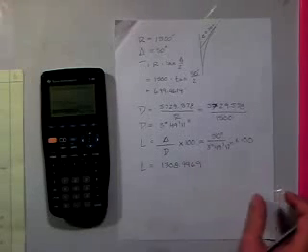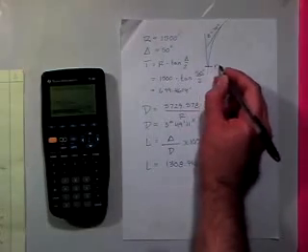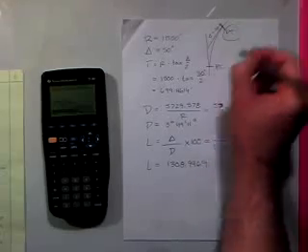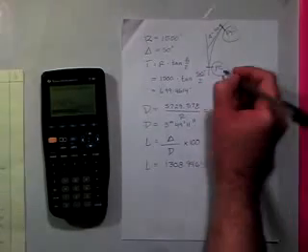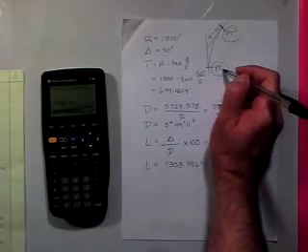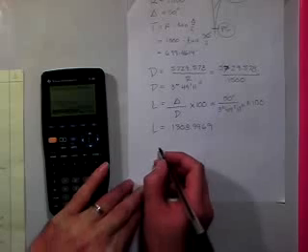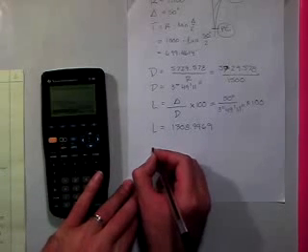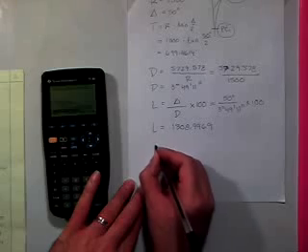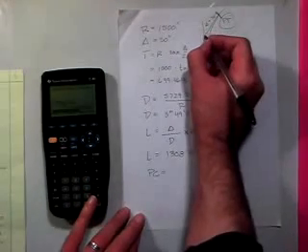Alright, so to find our PC and our PT here, which is the beginning of curve and the end of curve, or point of curvature and point of tangent, we'll use the PI.